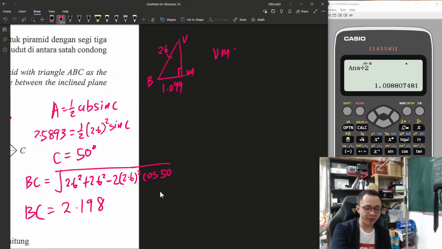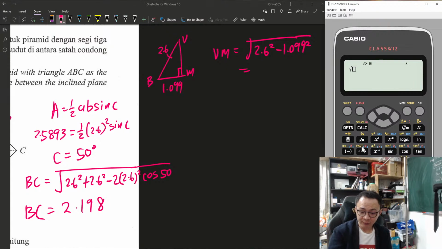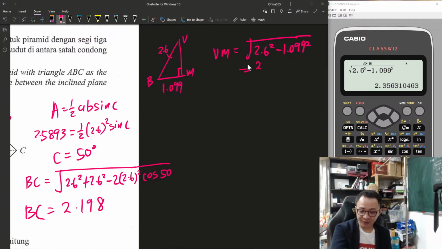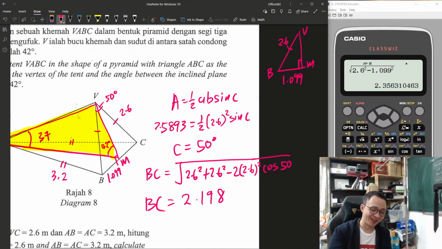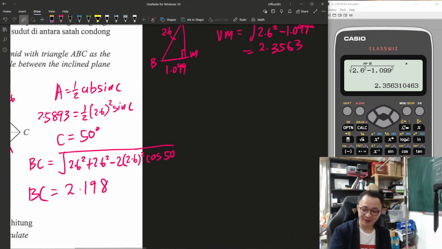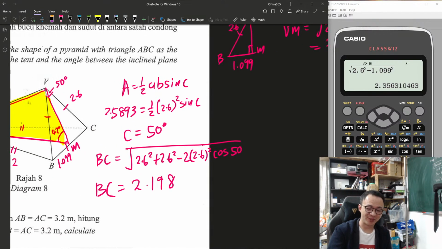So VM will be the square root of 2.6 squared minus 1.099 squared. VM is 2.356. Three decimal places should be enough, I'm lazy for too many decimals.